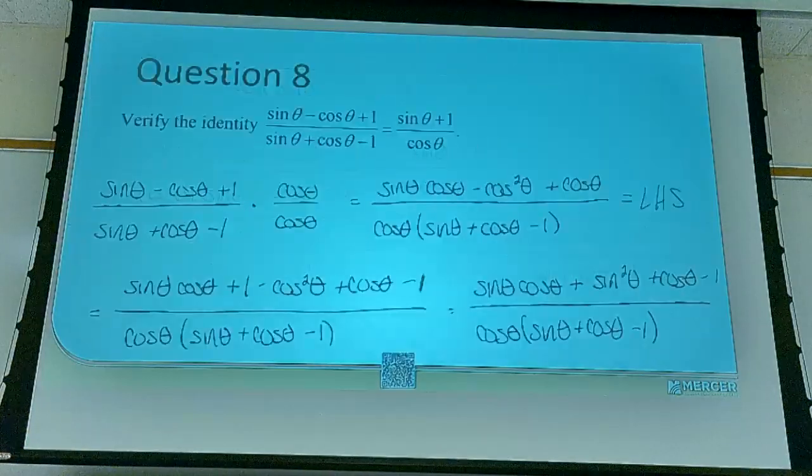And then just look at what you got for the left-hand side. Are they the same?